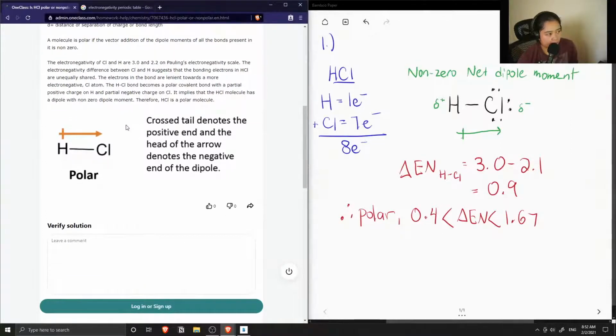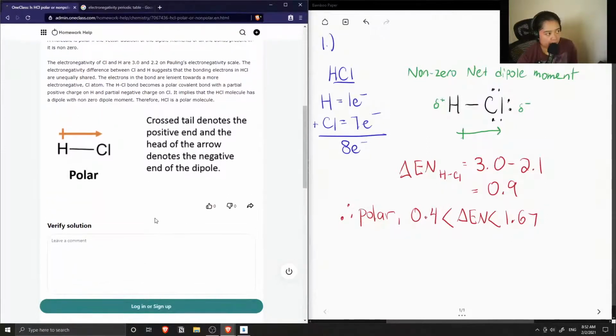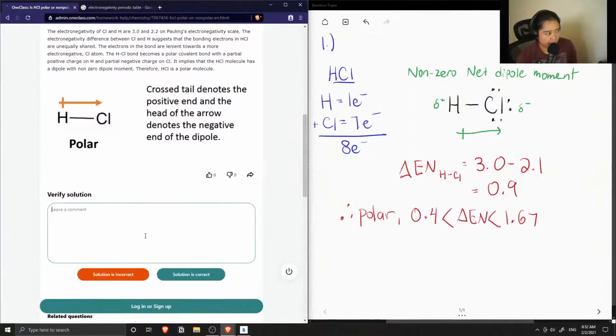Okay. So it implies that HCl has a dipole with a non-zero dipole moment, therefore it is polar. And they also drew the vector towards the more electronegative chlorine. So this solution is correct.